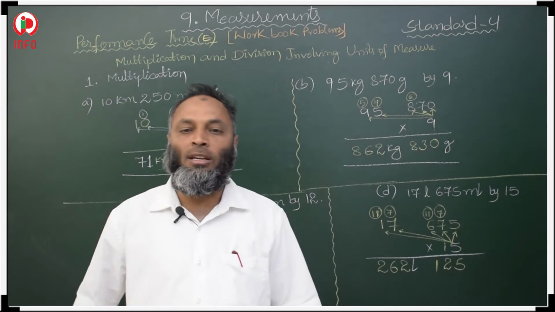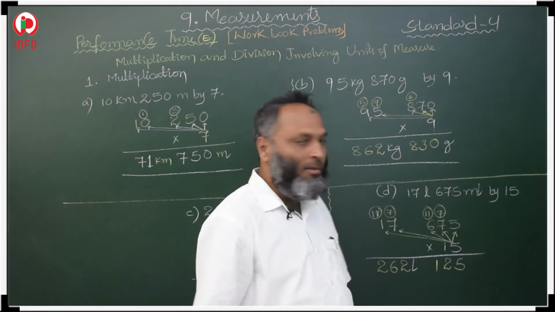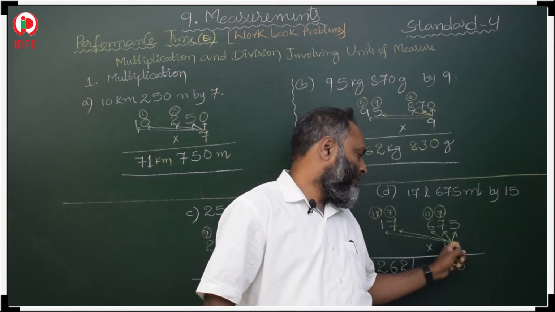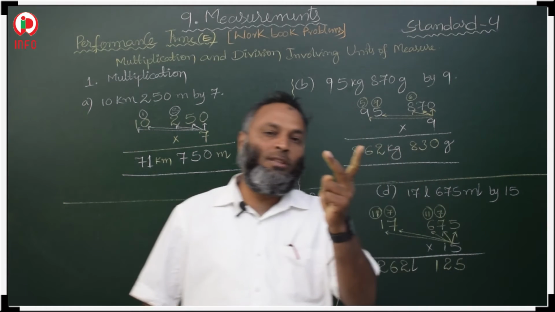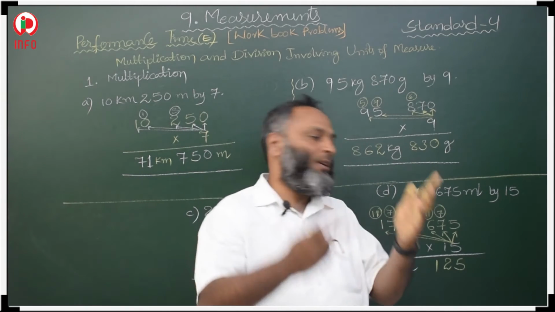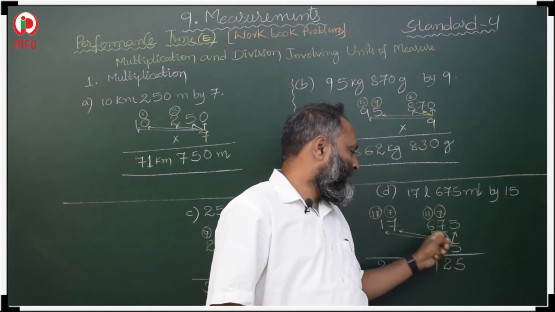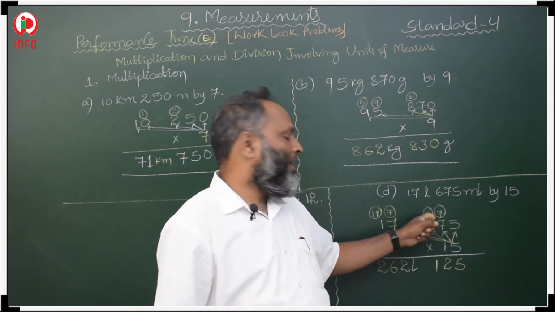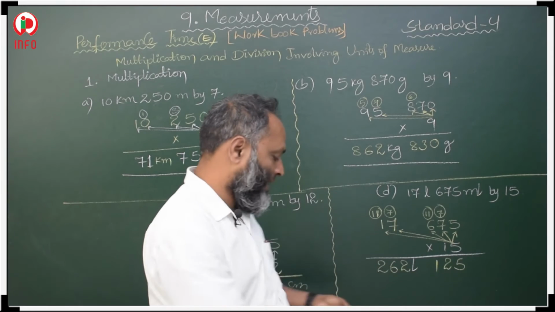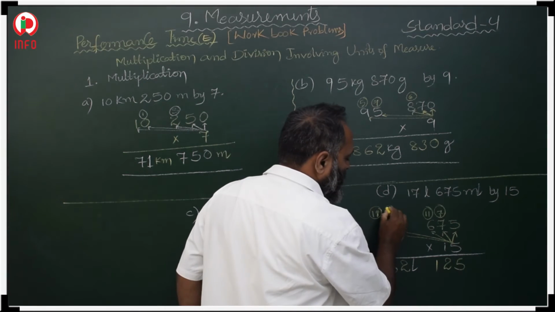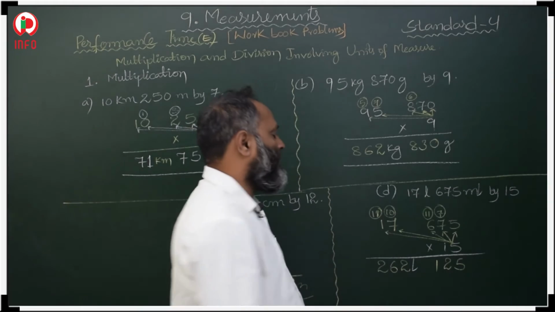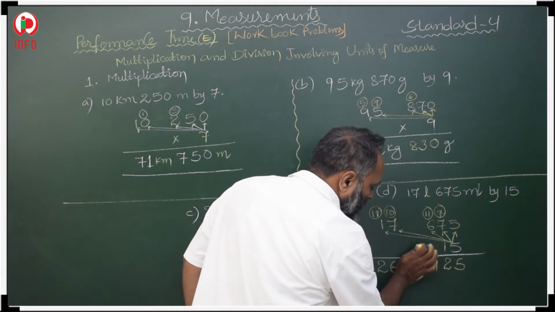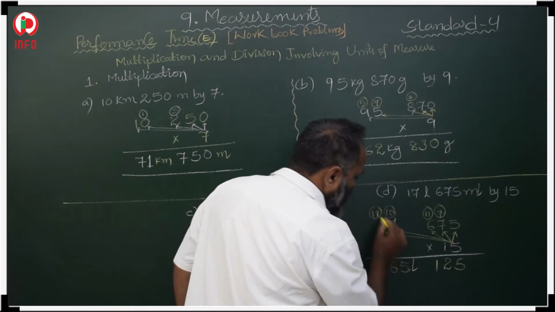125 milliliters, 125. See here students, once you check, 15 5s are 75 and 7. 15 7s are 105, 106, 107, 108, 109, 110, 111, 112. 112 means 11 here. 15 6s are 90, 90 plus 11, so 101, 101 means 1 here and here you will get 10. 15 7s are 105, so 105 plus 10, 115. 115 here, 15 here, 11.